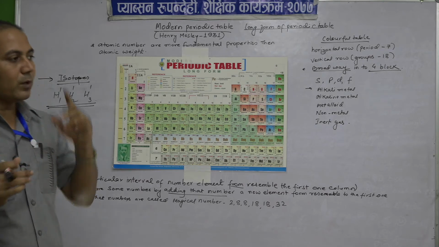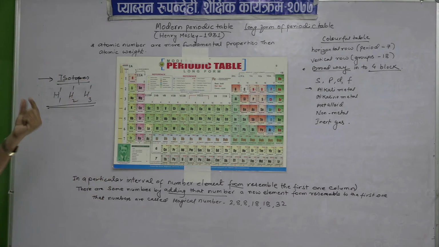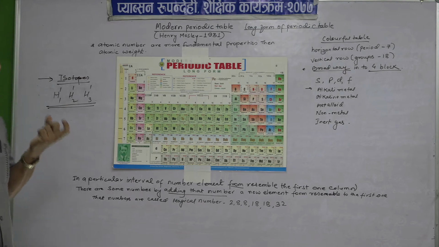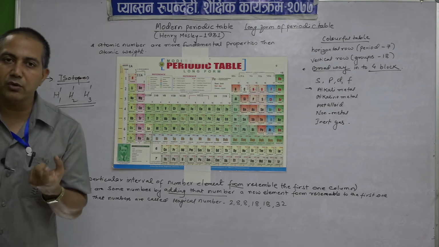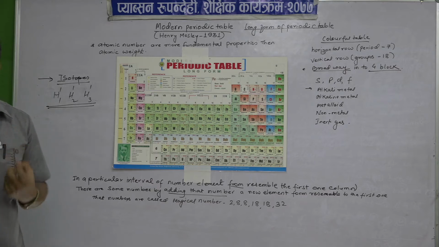Before, it was atomic mass. Now all the physical and chemical properties are periodic functions of atomic number. That is the difference in the modern periodic table.